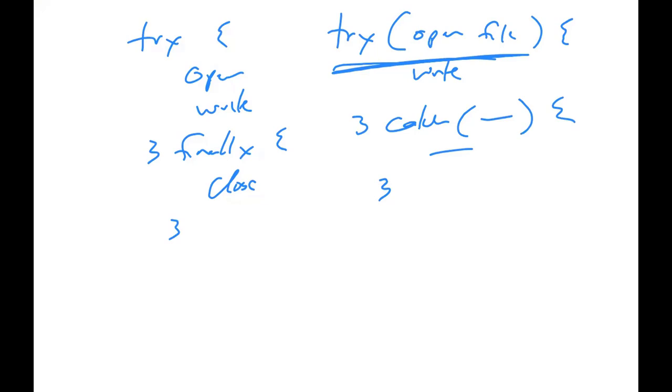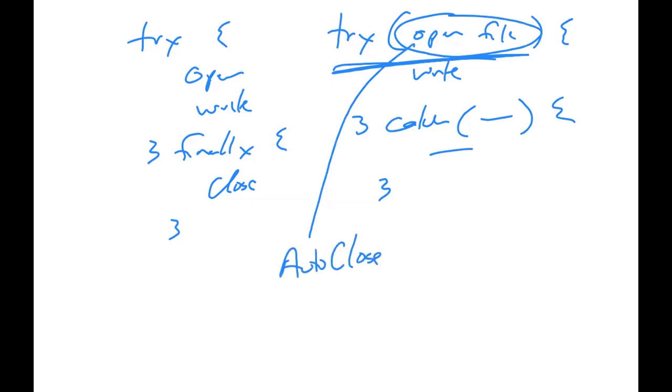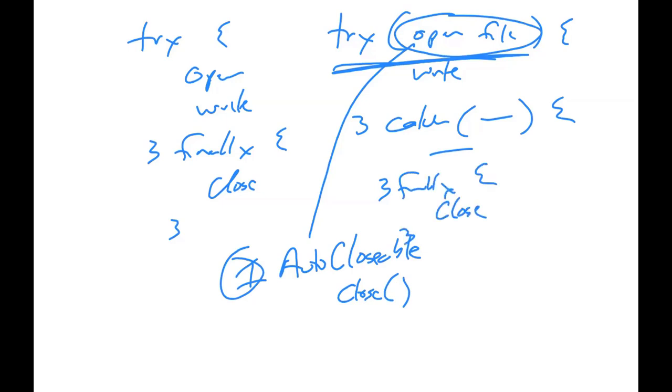And what that would do in Java is say, if the file that I'm opening implements AutoCloseable, which just has a close function on it, that's an interface, then the try will automatically do the finally with a close on it.